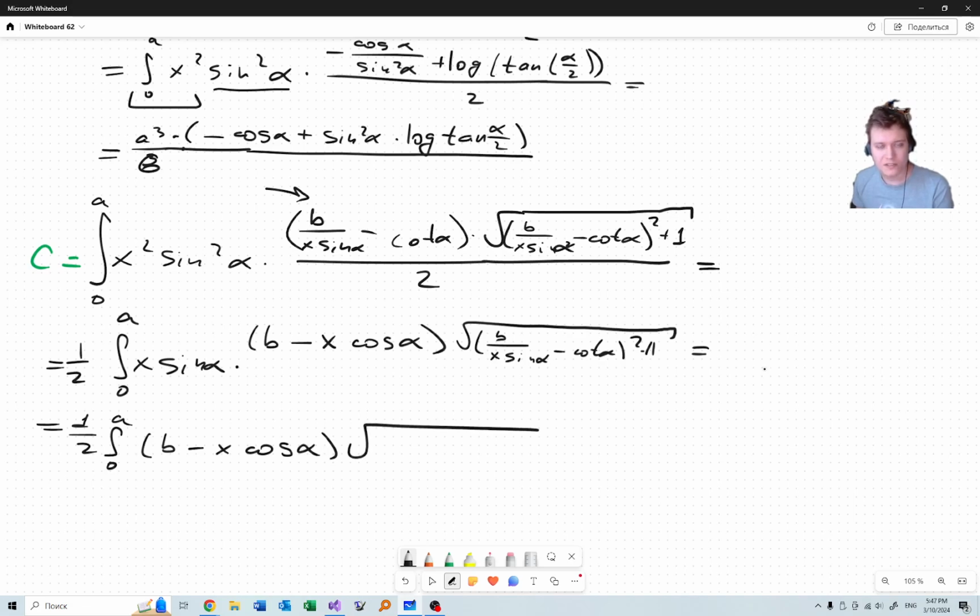Okay, what do we see in the square root? So this applies to this. And we again have b minus x cosine alpha squared plus x squared sine alpha squared.